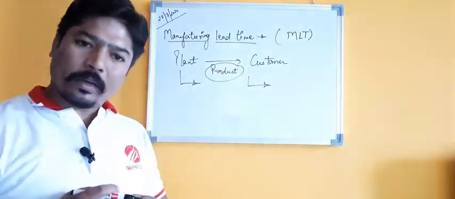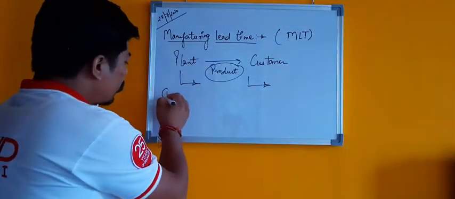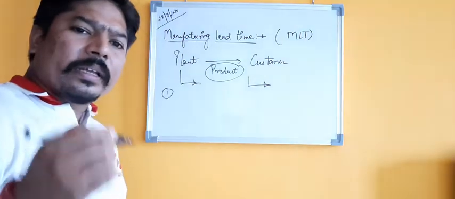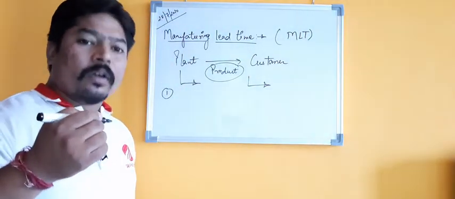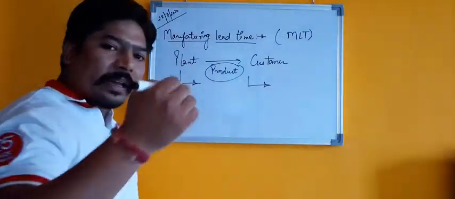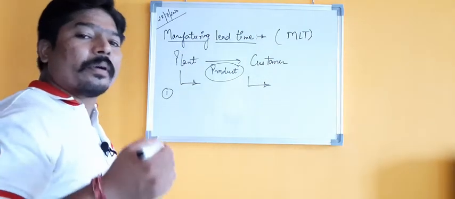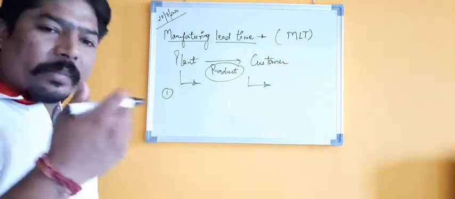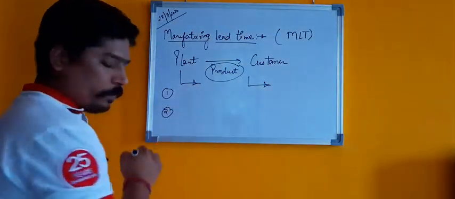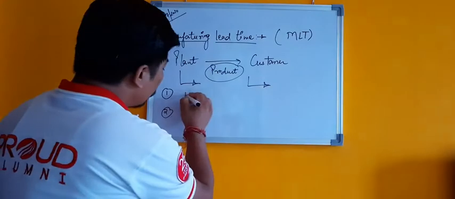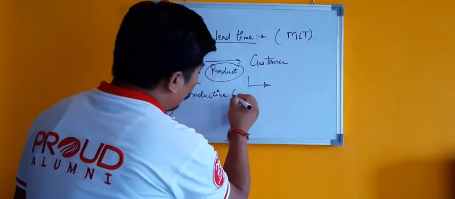so that you can calculate this particular manufacturing lead time in your factory. Any product or component is going to go through a different set of procedures. If we are going to categorize the processes which happen with that particular part or component in a manufacturing system, they will be divided into two parts. The first is productive operations.